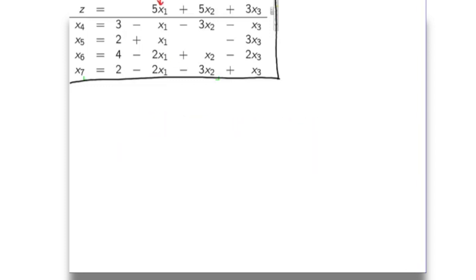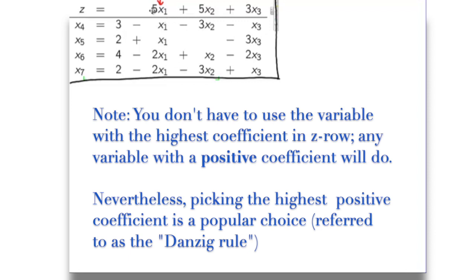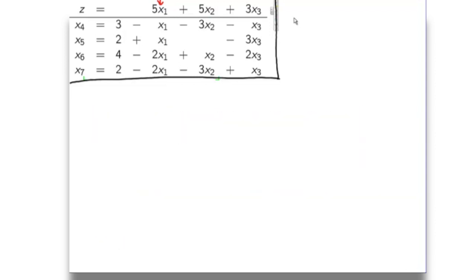Typically we can select any variable that has a positive coefficient in the z row as our entering variable, and it makes sense in many cases to pick a variable that has the highest positive coefficient in the objective, because this corresponds to the highest rate of increase in the objective with 1 unit of increase in the variable value, right?